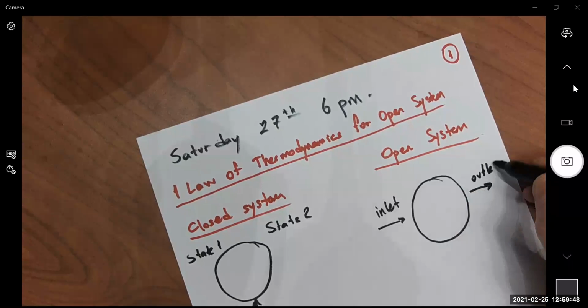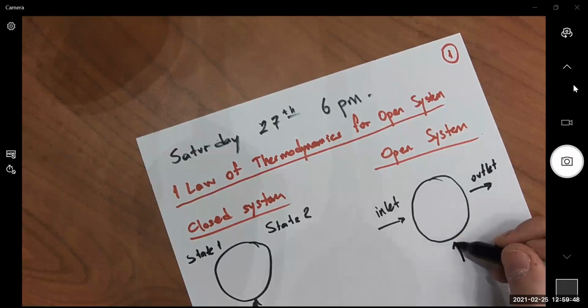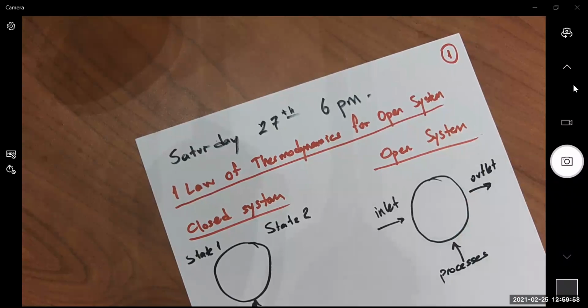Remember, mass is allowed to pass through the boundaries. Okay? And we connect these states, inlet and outlet, through some process.